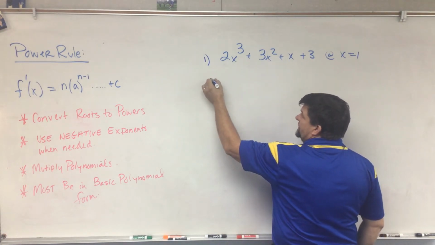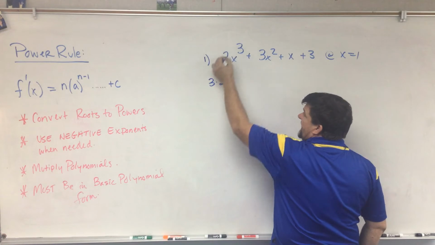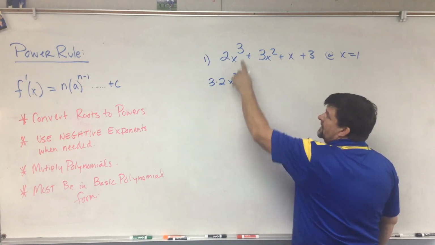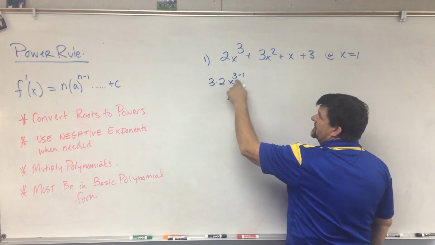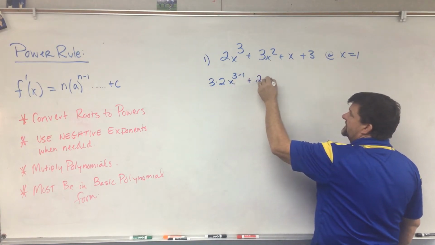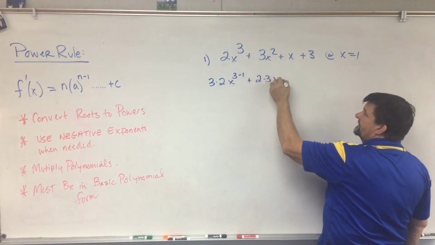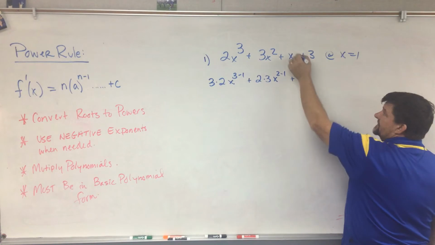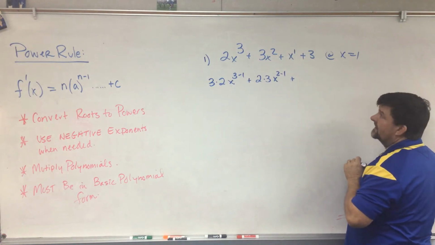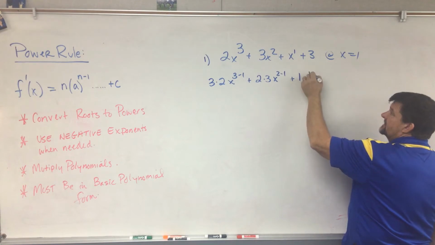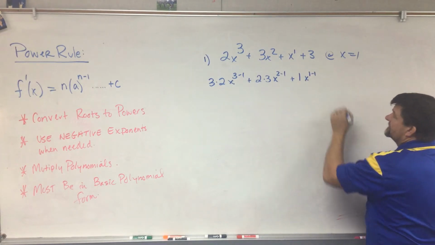So it's going to be 3 times 2, so I'm moving that down, x to the 3 minus 1. Move the exponent down, subtract 1. Plus, move the exponent down, times 3, x to the 2 minus 1. Plus, don't forget that has a 1 up there, 1 times x to the 1 minus 1.